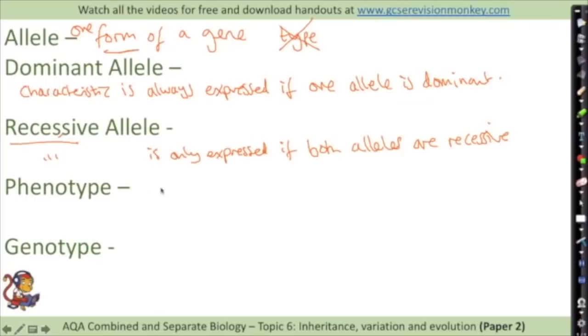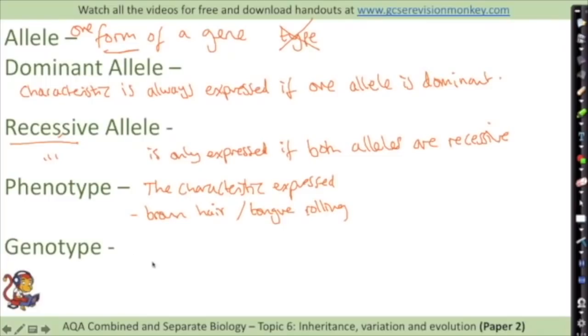A phenotype is what you look like, so it's the characteristic that is expressed. So if they ask you about the phenotype, you might be talking about brown hair, for example, or tongue rolling. It's whatever characteristic you're talking about in the question.